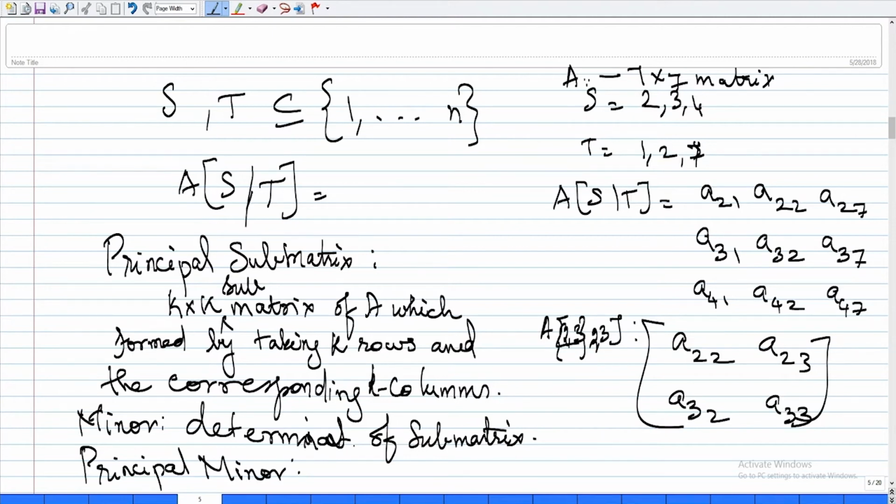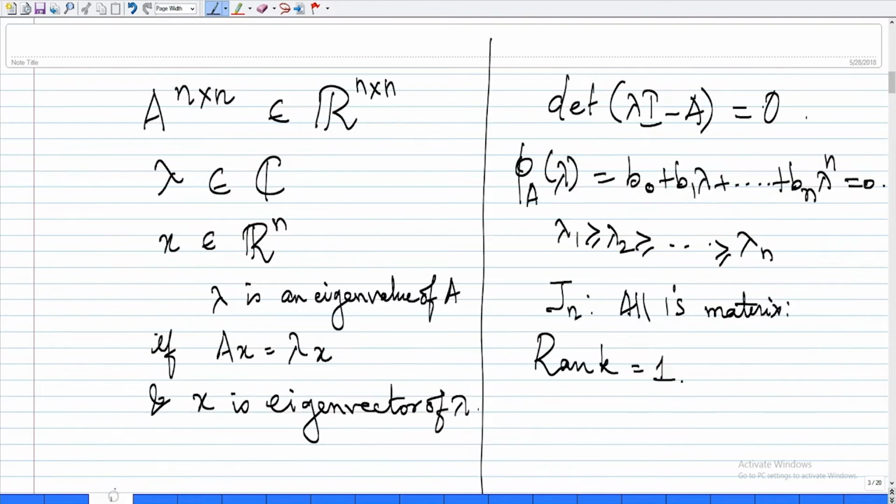Now, if I want to translate this into our eigenvalue definition, how should I be writing this in terms of minors? Let me go back.